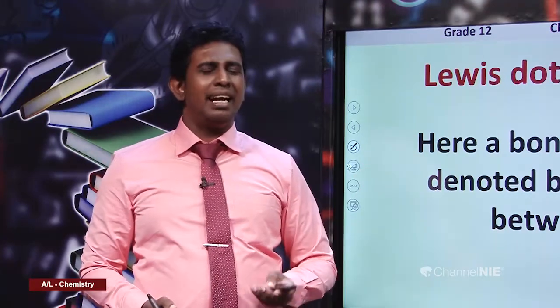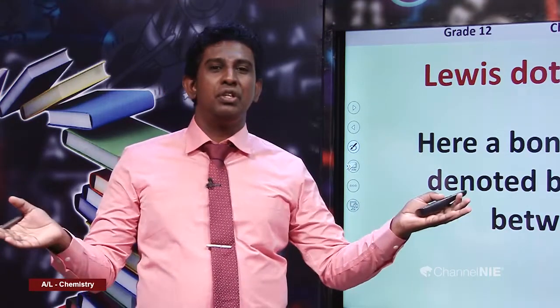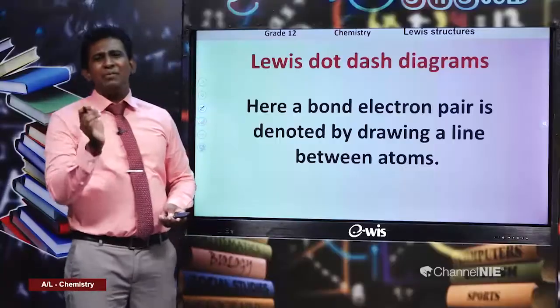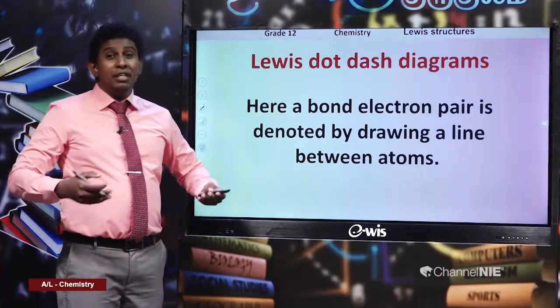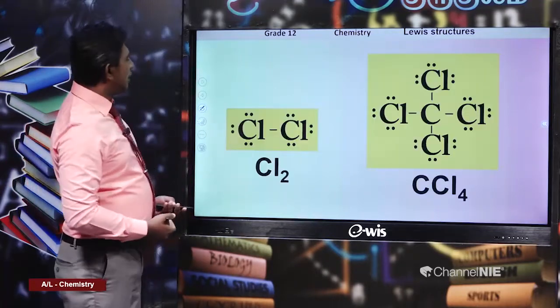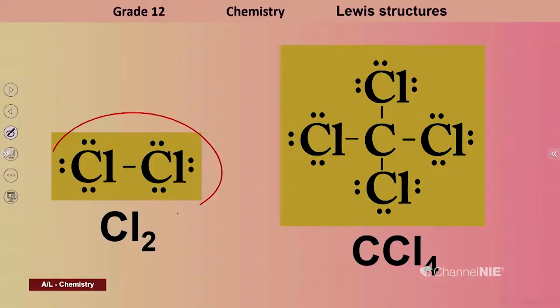Then there are a few rules that you need to know regarding drawing Lewis dot dash diagrams. Okay, let's find them out. What is the set of rules to be followed there? Okay, then this is a Lewis dot dash diagram. So students, this is the bond, denoted with a dash, a short line.